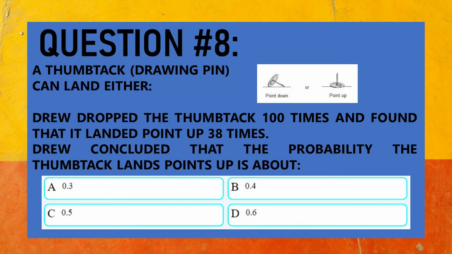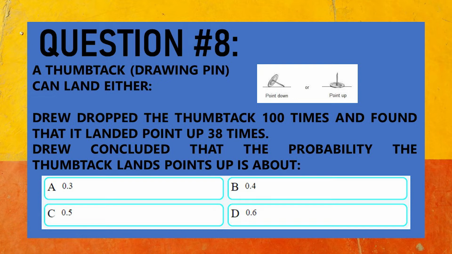Question number 8. A thumbtack or drawing pin can land either point down or point up. Drew dropped the thumbtack 100 times and found that it landed point up 38 times.